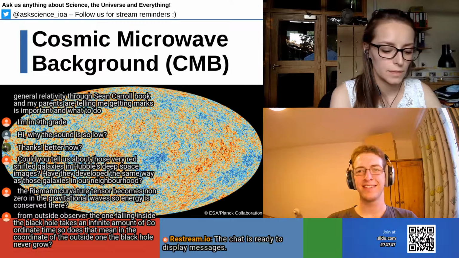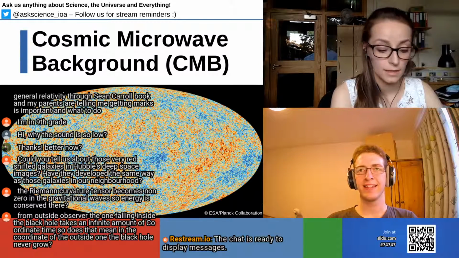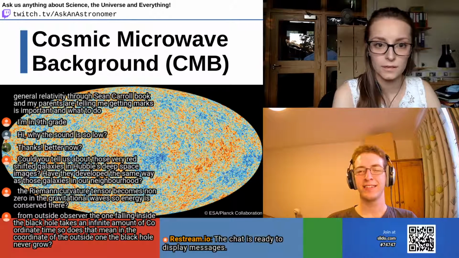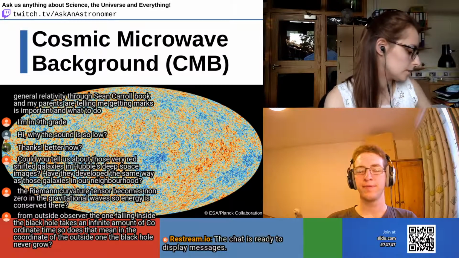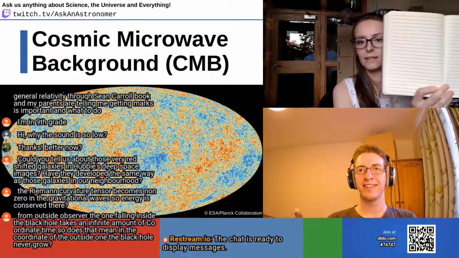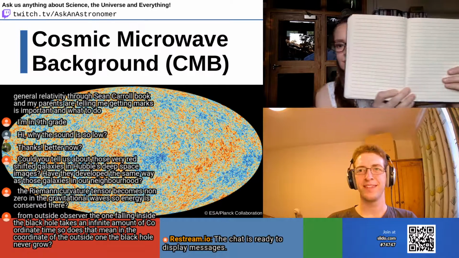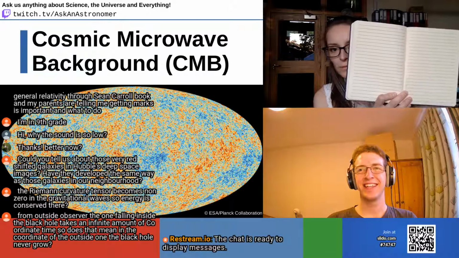A symmetry is basically things staying invariant, unchanged under a transformation. So a symmetry would be if you had a shape like this square, it would be symmetric under a transformation that mirrors one side to the other.